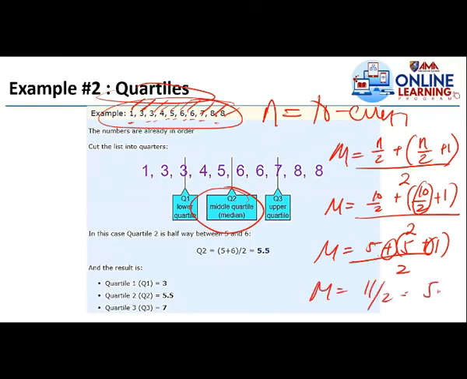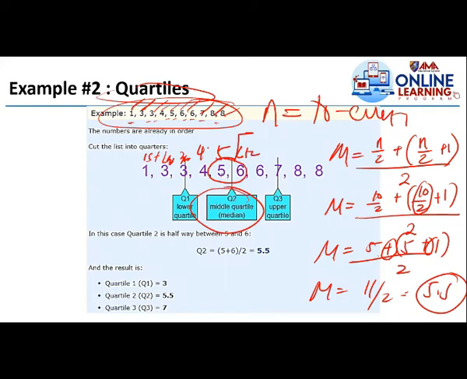So, that is 5.5. As you can see, wala namang 5.5 na position. So, this is first, second, third, fourth, fifth, sixth, so on. So, yung 5.5 nandito sa middle ng 5 and 6. Diba?